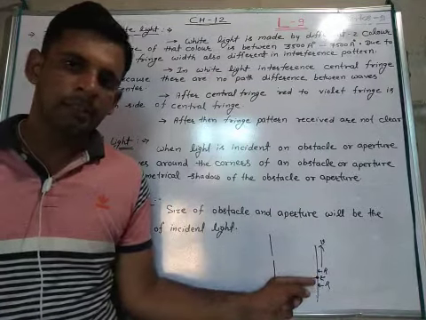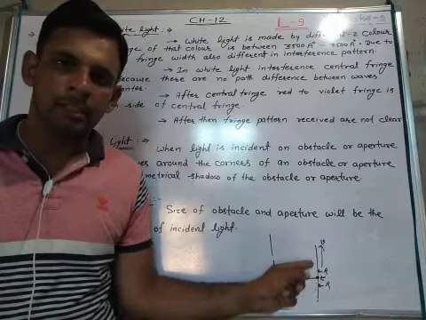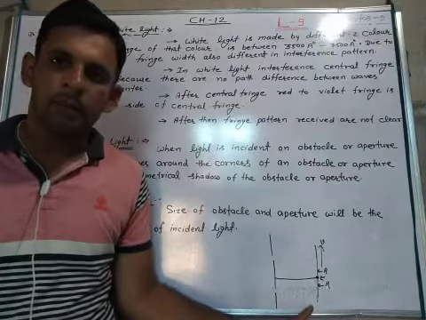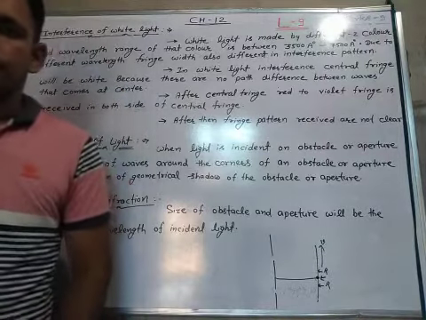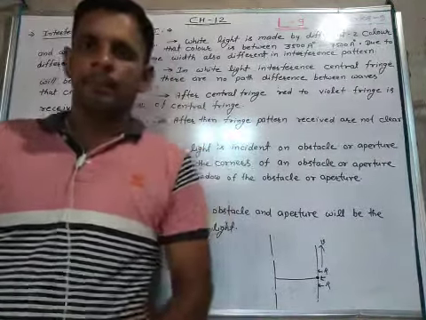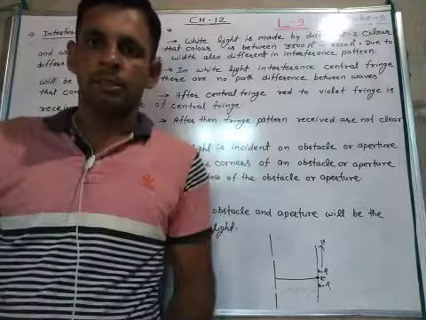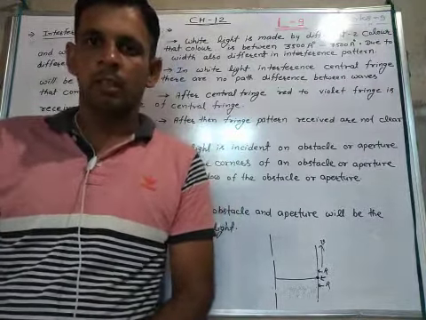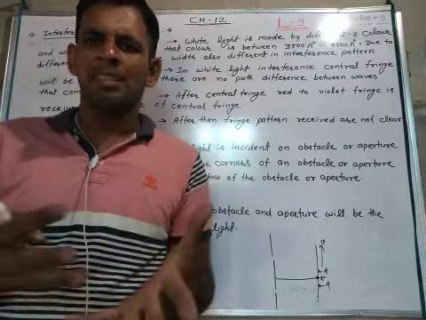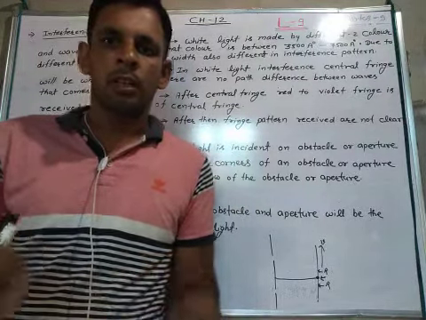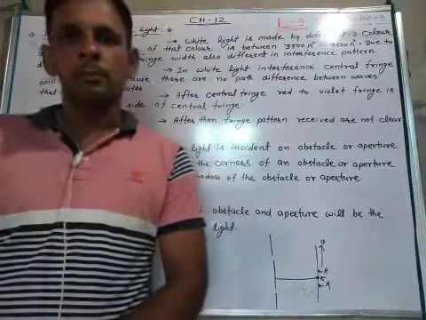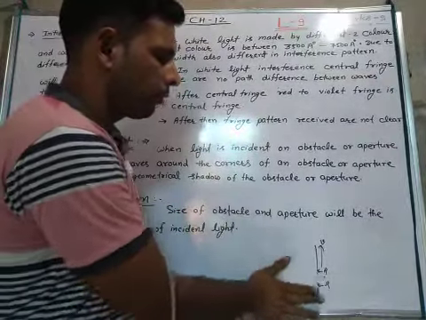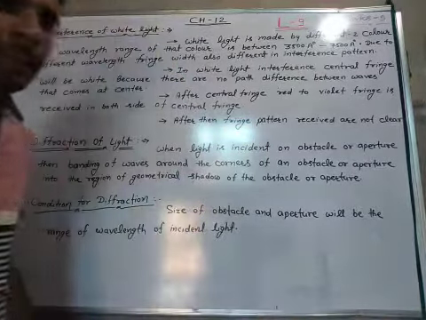After these red to violet fringes, no clear fringes are received; the fringes are mixed up and not clear. This is the interference of visible light or white light.